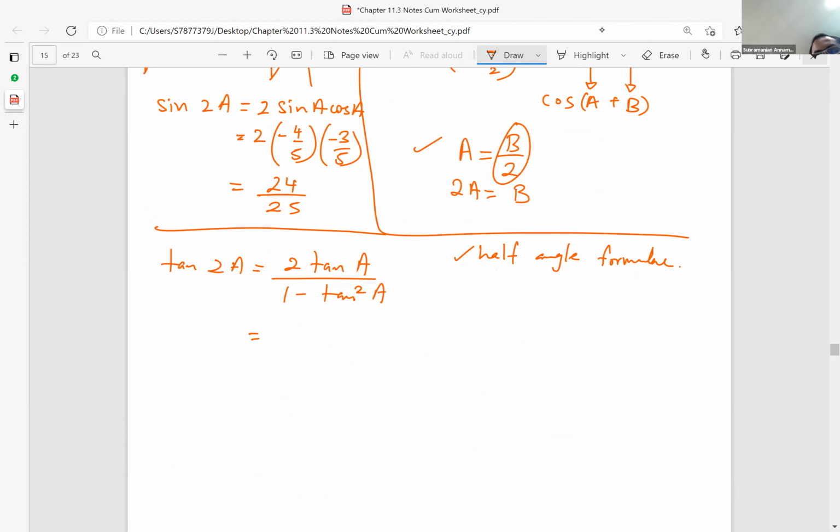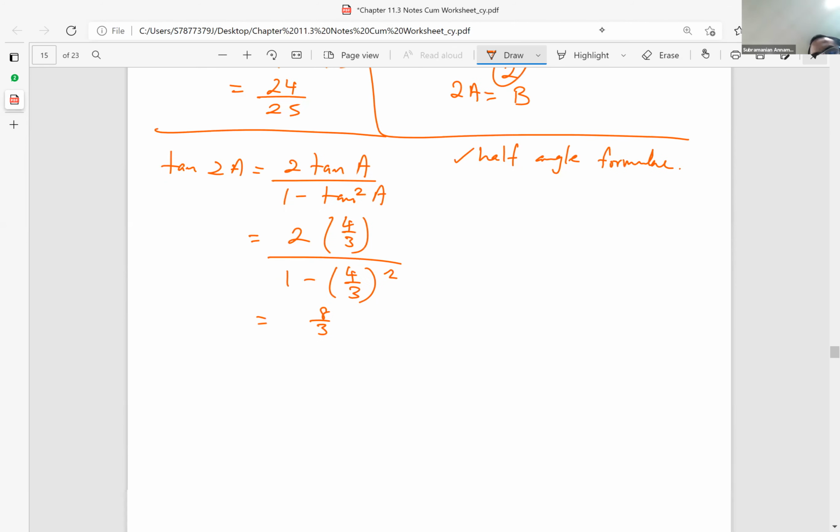So 2 times 4 over 3, over 1 minus 4 over 3 squared. So 8 over 3, and this is 16 over 9. Wait. 1 minus 16 over 9.